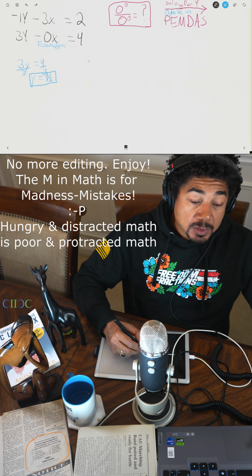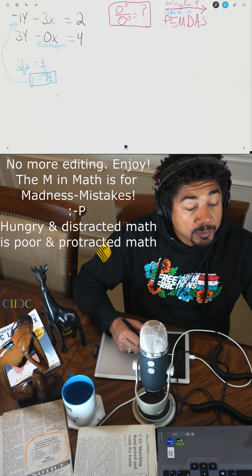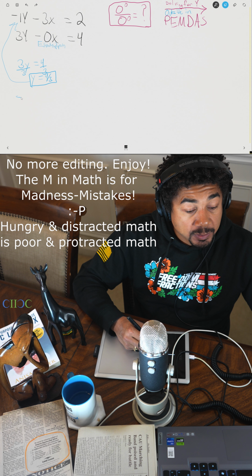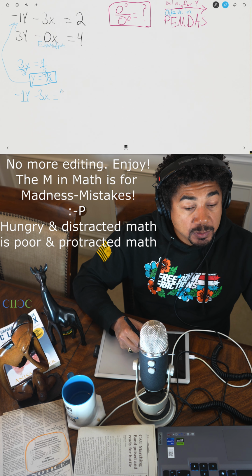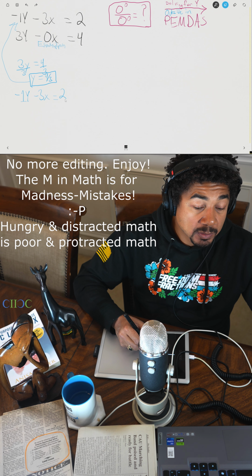You can now plug this into that up there, and you can have negative 1, y minus 3x equals 2, negative 1.